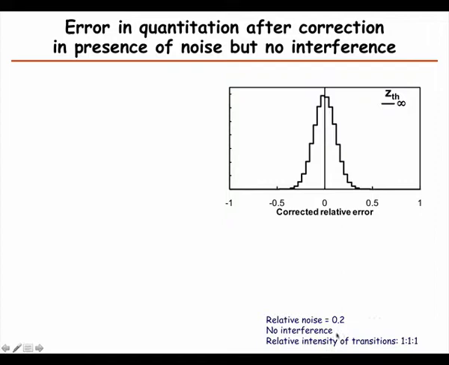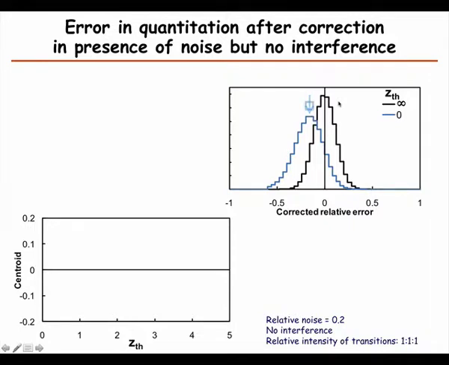This is 3 transitions, with relative intensity 1 to 1 to 1 and relative noise of 0.2, no interference. If we set a very low z-score threshold, we're going to get a distortion of this distribution, and it's not very good because our estimate will deviate from what it should be, symmetrical around 0.